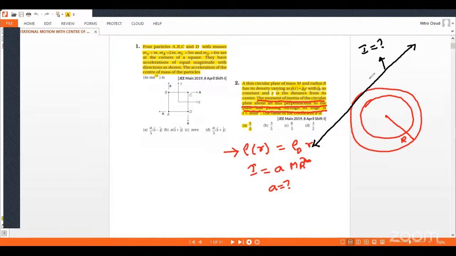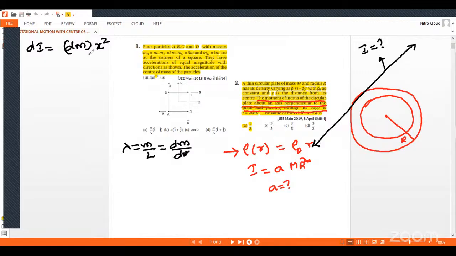So, moment of inertia, I can write it as dI equal to dm times x square. Density, that is linear density, equal to mass by length, that is dm by dx.